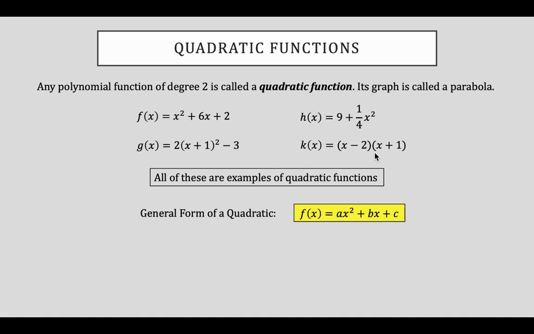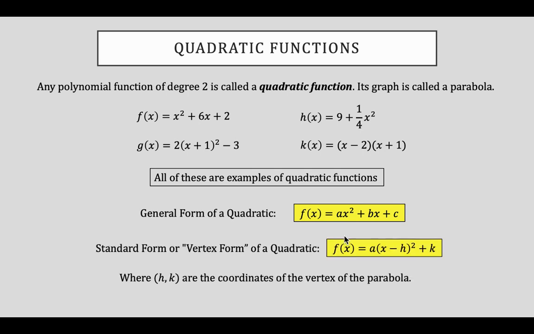The general form of a quadratic function is given by f of x equals a times x squared plus bx plus c. Okay, ax squared plus bx plus c, you guys have all seen that before. Here's another form that you might not be as familiar with, and this form is called standard form, or is often referred to as vertex form.